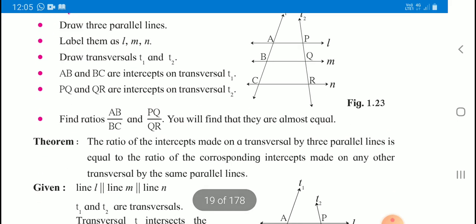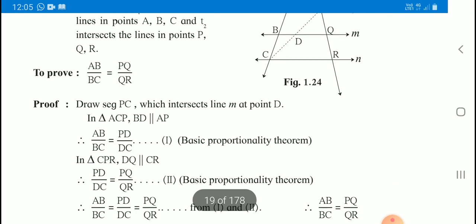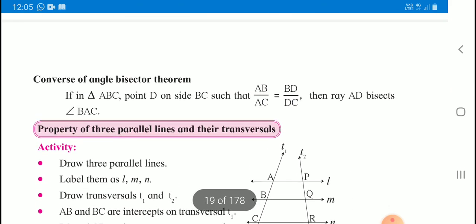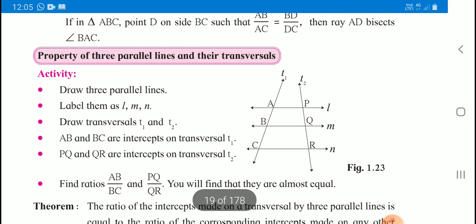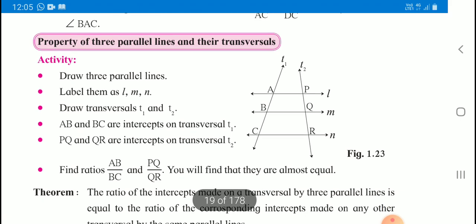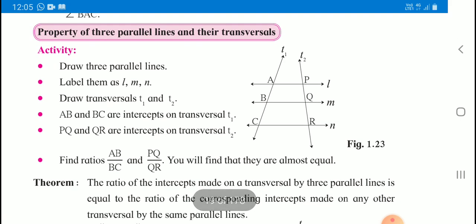Next to that, they have given the property of three parallel lines and their transversal. We had seen these properties in the previous year. They have given an activity, which you have to do in your notebook, using the following instructions.